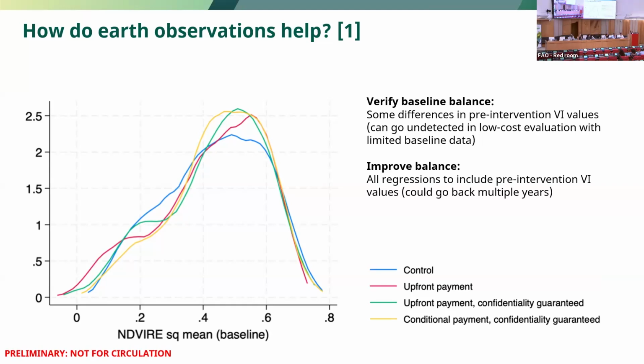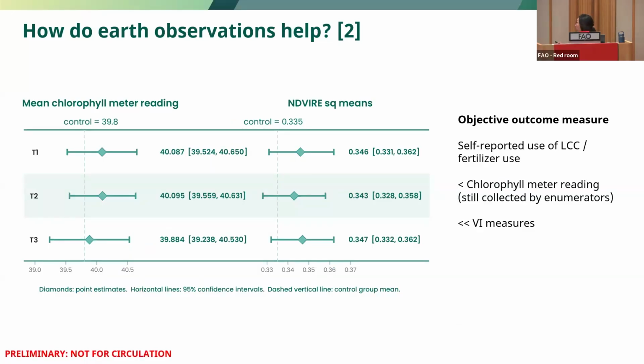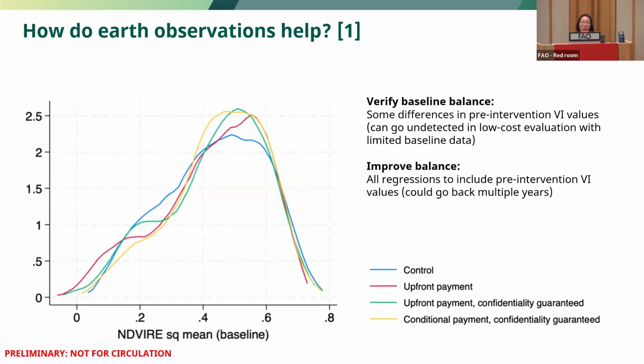So while we continue to explore this correlation between VI and chlorophyll meter readings, I just wanted to share a couple of other ways in which satellites have already been helpful for the evaluation. I don't think these are any new points, but the first one is very simple: it just gives us better and richer baseline data. This is looking at the VI measures from before the intervention in 2025 across experimental arms.